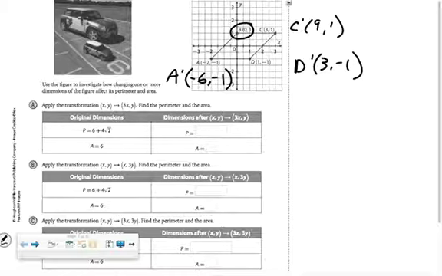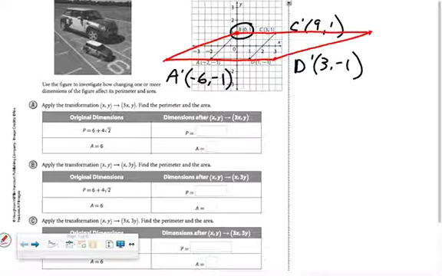And so let's kind of sketch out what this parallelogram would look like now. This point would still be in the same place. A prime would be way out here. D prime would be down here. And C prime would be way over here. So let's find area first, because goodness knows that's easy.